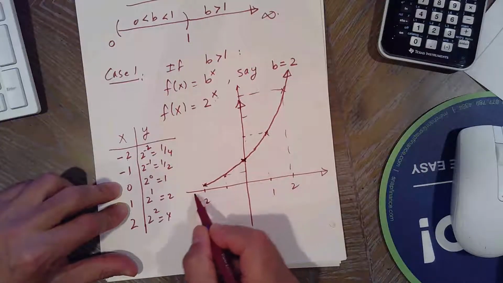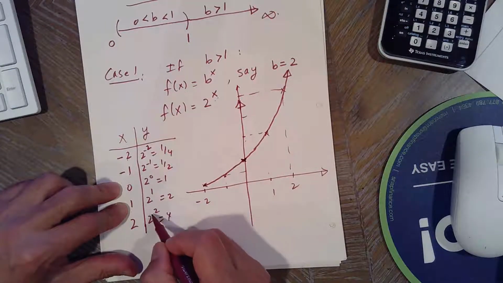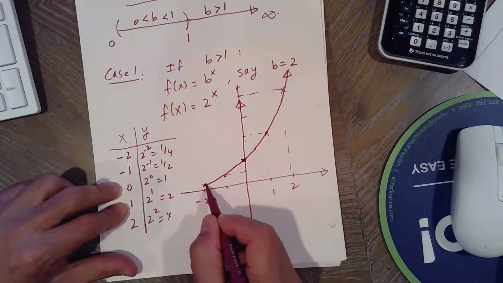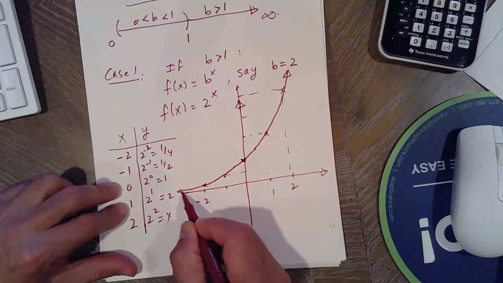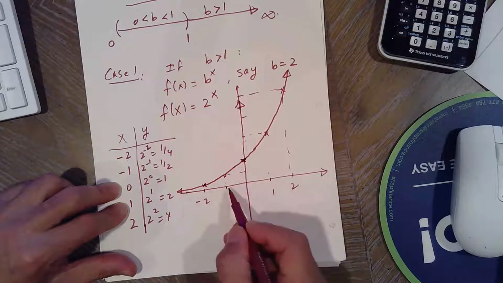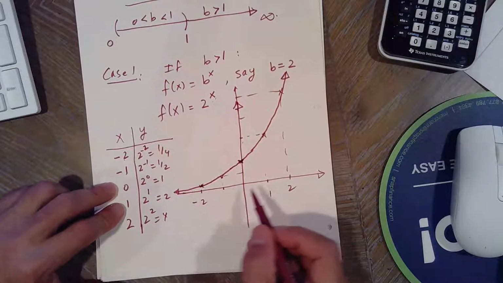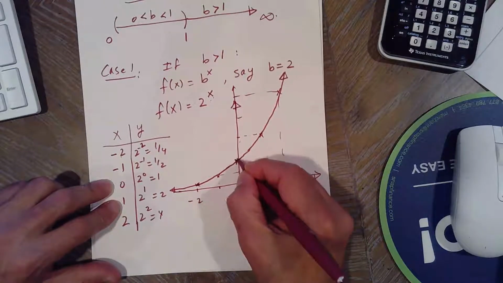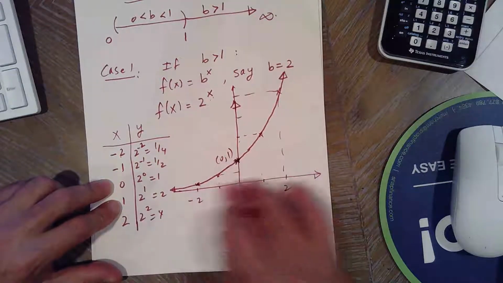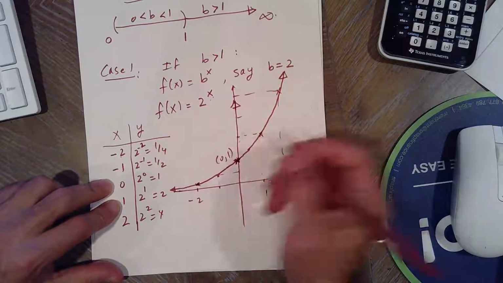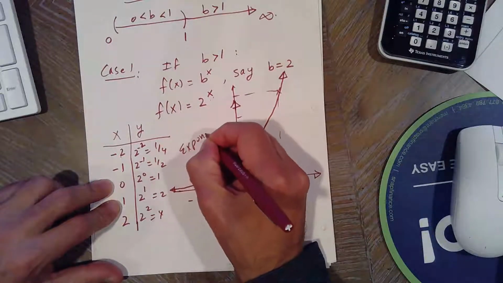And over here, even if x is negative 3, negative 4, negative 5, you're still getting a positive y value, so it's never going to cross the x-axis. It's got the x-axis as a horizontal asymptote, the negative x-axis. The y-intercept is at 1, no x-intercepts, and it's an example of exponential growth.